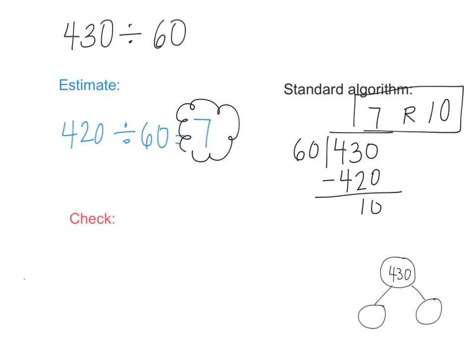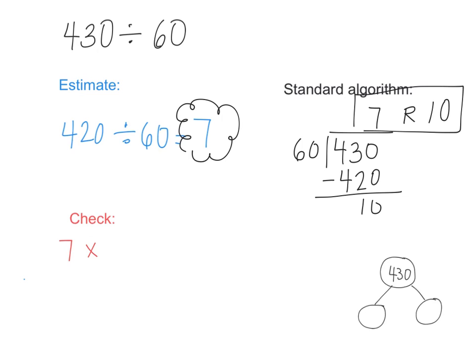Okay, now if I want to multiply to check my work, I know I need to multiply my quotient by my divisor. So what was my quotient? Lauren? Your quotient is the 7 remainder of 10. Okay, but I just want the whole number part, not the remainder, the actual part of the quotient, which is 7. And I'm going to multiply that by my divisor, which is what?